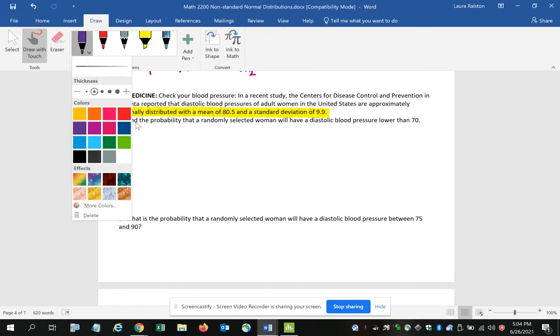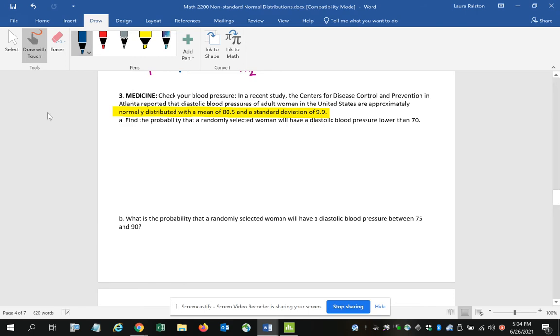Then it says, find the probability that a randomly selected woman will have a diastolic blood pressure lower than 70.